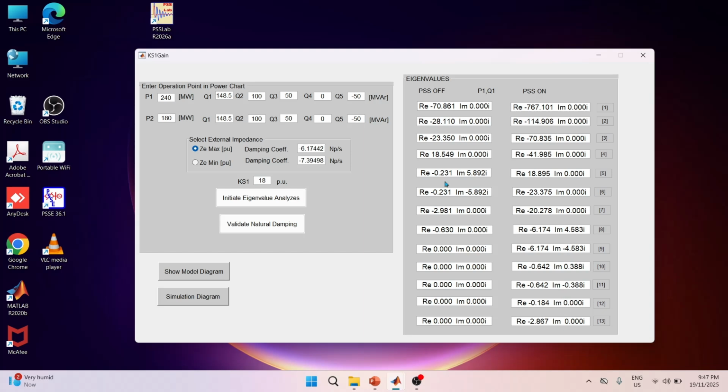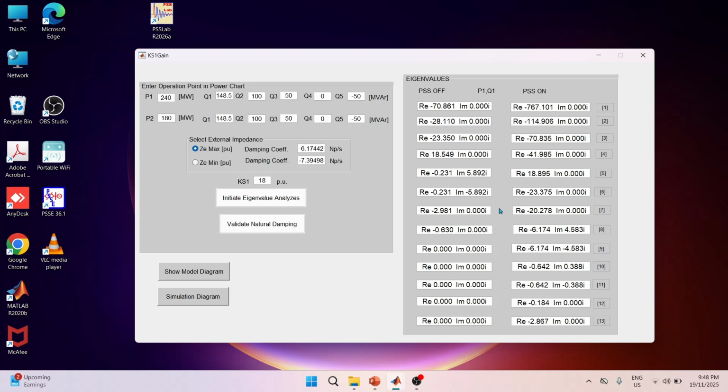The complex conjugate pair with PSS off has a small real part, minus 0.231, and imaginary part 5.892 radian per second, which is the oscillation frequency.